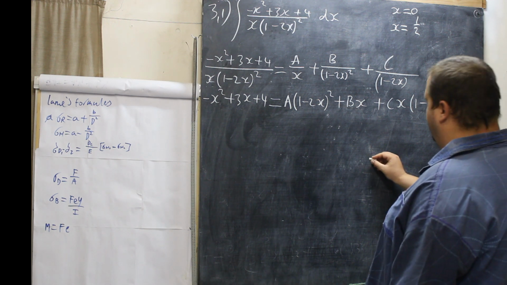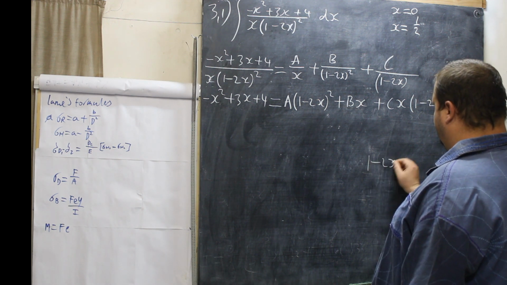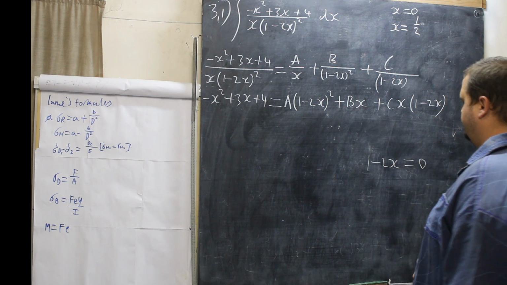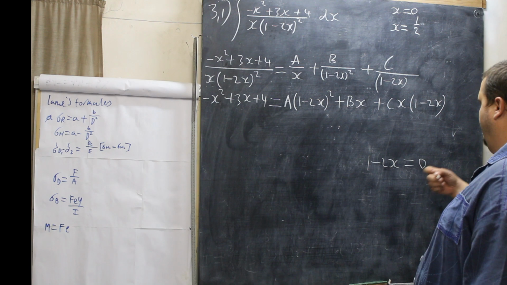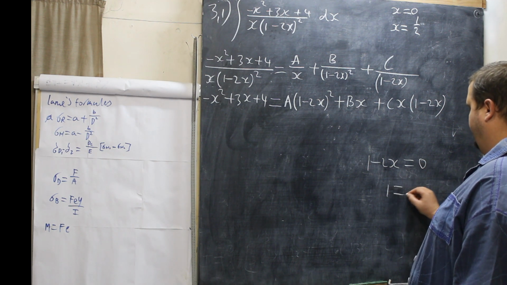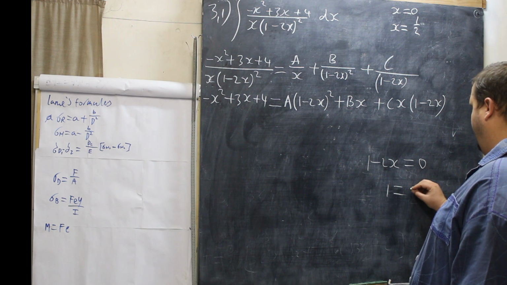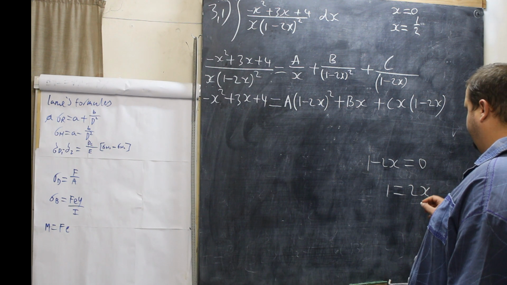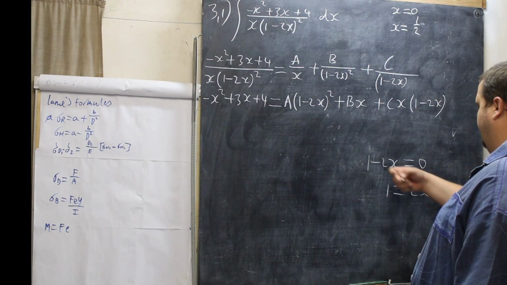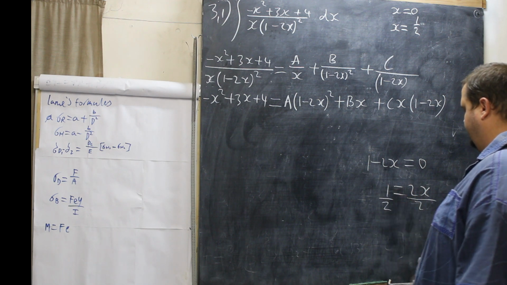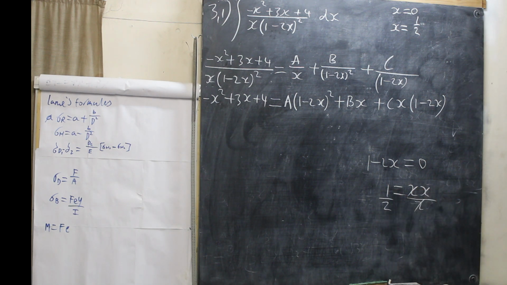Because I worked that out by going like this: 1 minus 2x equals 0. So, minus 2x comes over, it becomes positive 2x. So 1 equals 2x. Divide by 2, divide by 2. x is equal to a half.